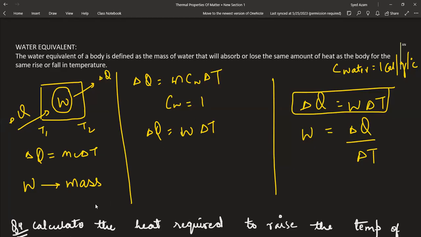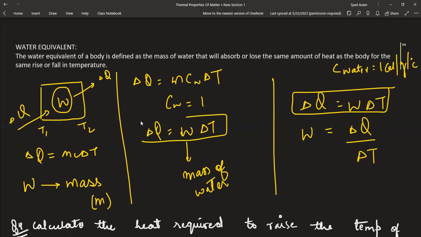So instead of writing M delta T, we put it as W delta T. W means your water equivalent, instead of the mass of water. So this should come to your mind when you're talking about delta Q.